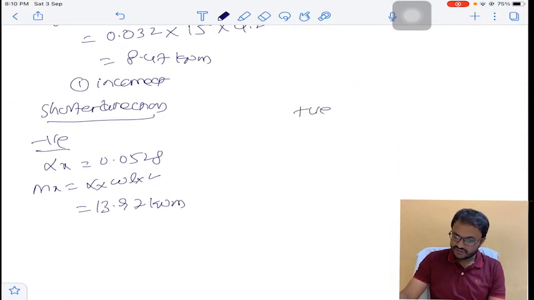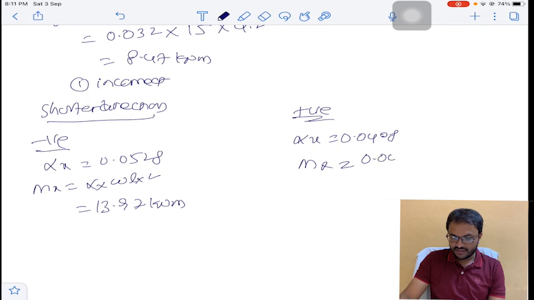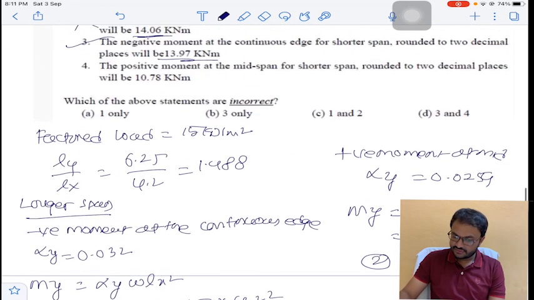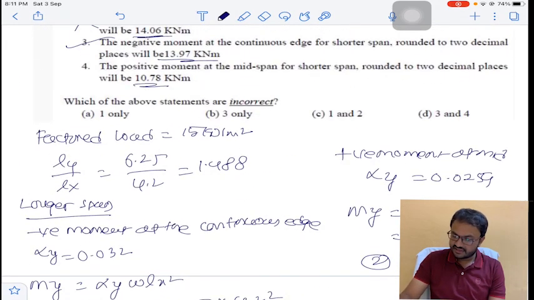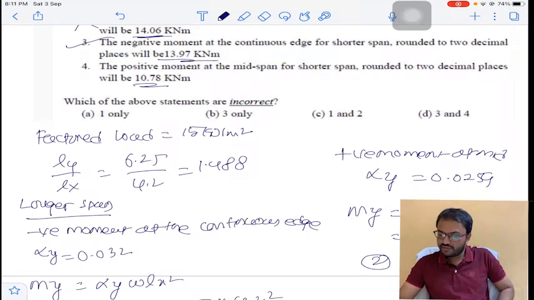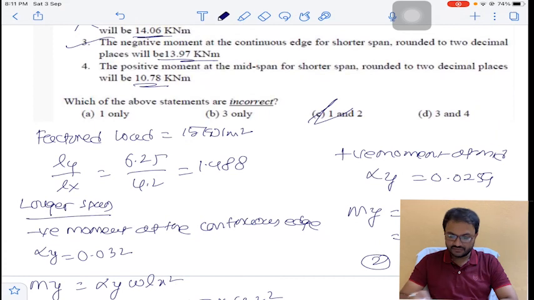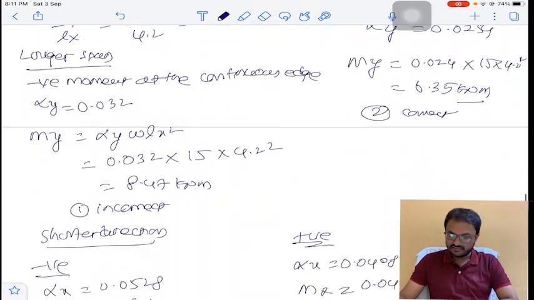And positive bending moment, alpha x will become 0.0408 and Mx will become 10.78 kilonewton meter. So 10.78. So statements 3 and 4 both are correct, and incorrect statements are 1 and 2. Okay, so the answer C for question number 9.